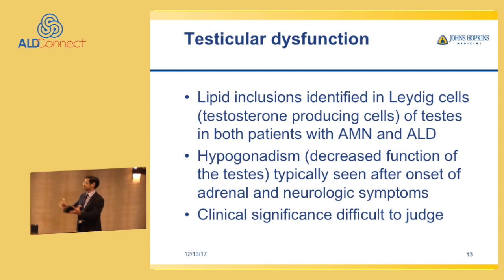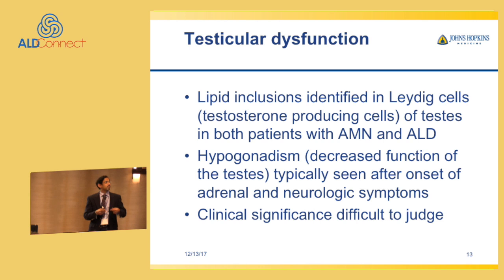I'm going to shift to one of our other important steroid hormone-producing glands, the testes. Maybe I'll just stop for a second for questions, or I can wait. I can take questions at the end as well. But it turns out that those lipid inclusions were also identified in the Leydig cells of the testes. So the testes, one of the most important functions, of course, is to make testosterone and to make sperm.